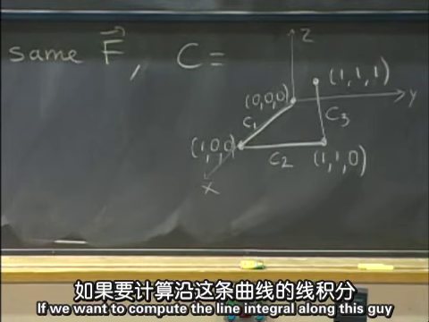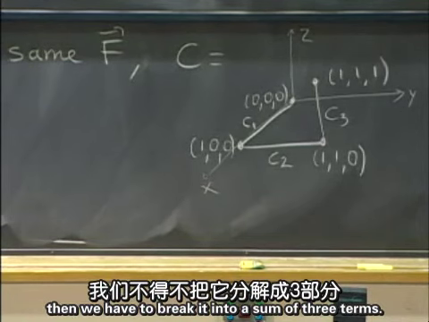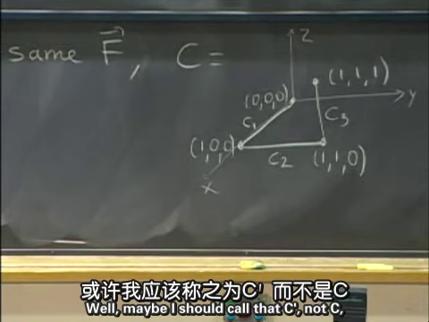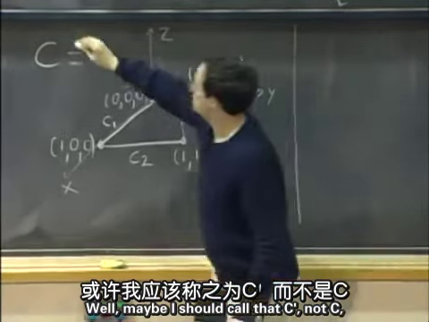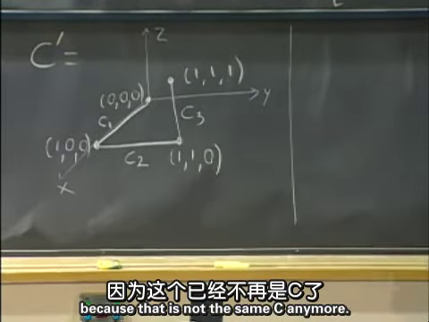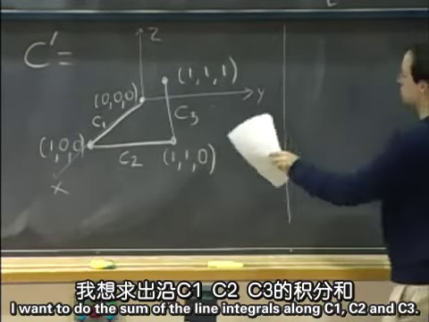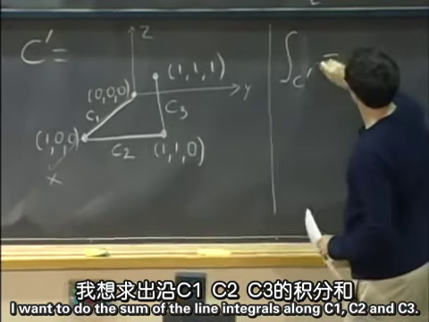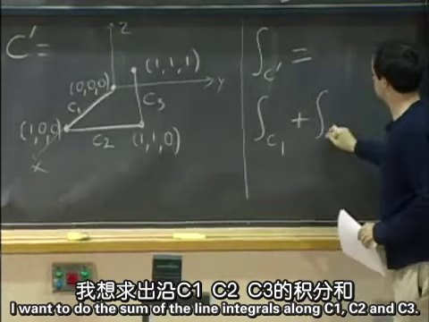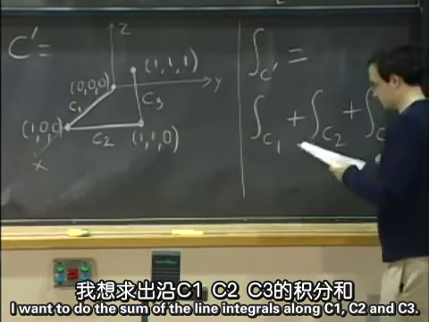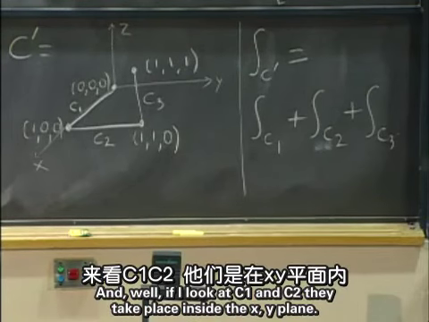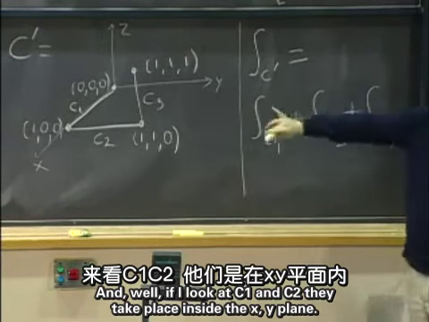Okay, so if we want to compute the line integral along this guy, then we have to actually break it into a sum of 3 terms. Okay? So, actually, maybe I should call that C prime, not C, because it's not the same C anymore. So I want to do the sum of the line integrals along C1, C2, and C3. And if I look at C1 and C2, they take place inside the xy plane.